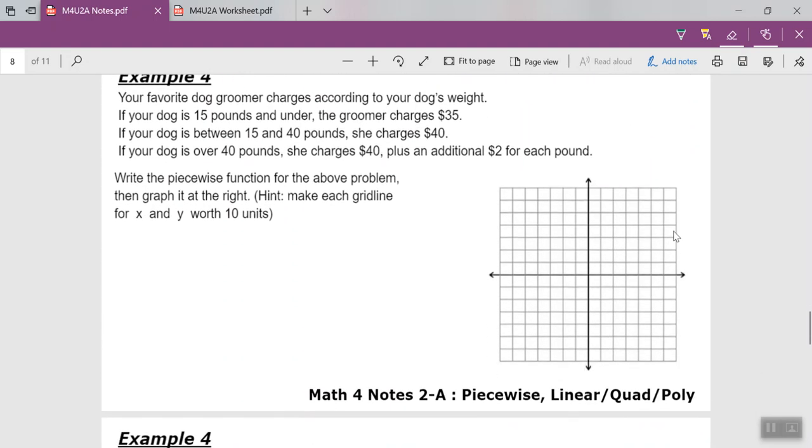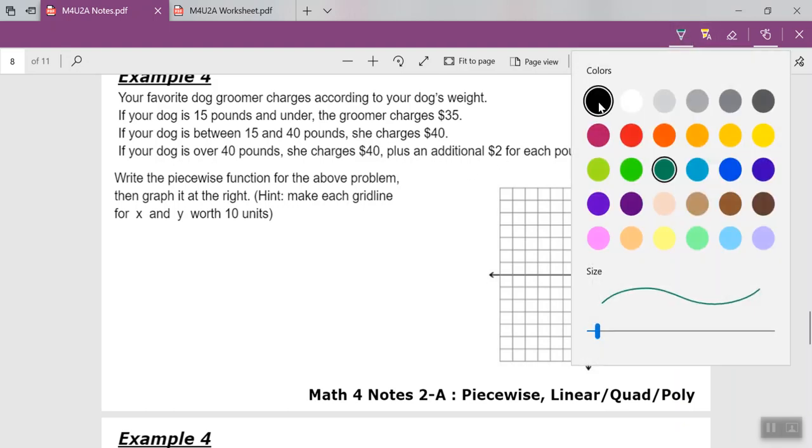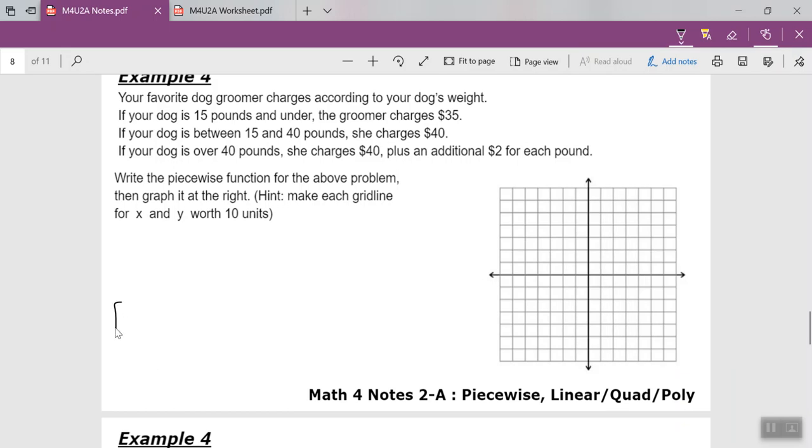Now, the last one was a bit of a challenge because we had to take the word problem and come up with our own piecewise equation. So we're going to start with the function. We've got 3 pieces to the equation.